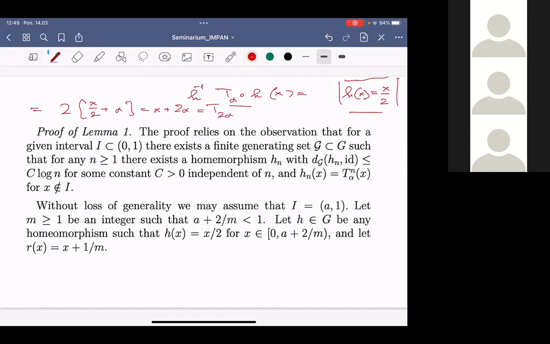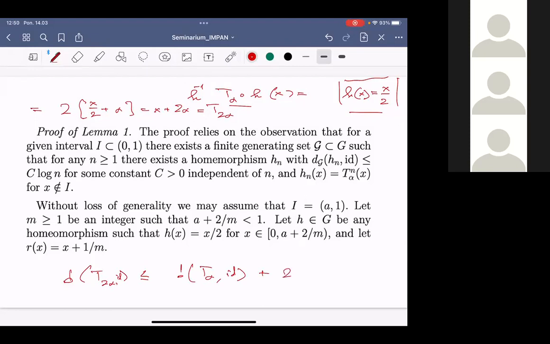So, in this way, if we take the distance of T 2 alpha, this will be less than or equal to the distance of T alpha identity, plus we took here two elements, H and H minus 1, so plus 2.